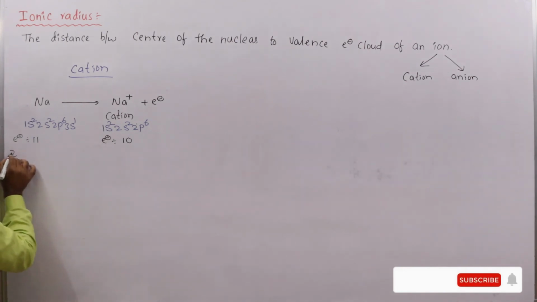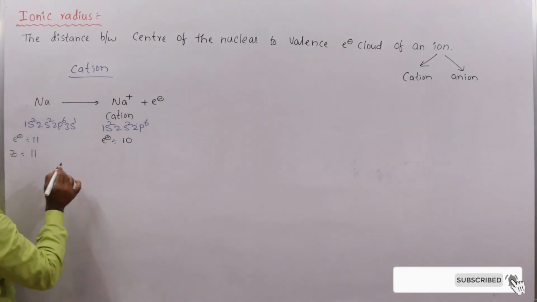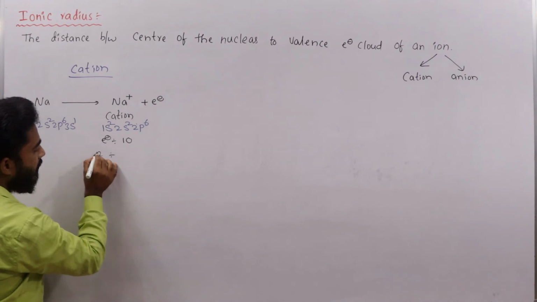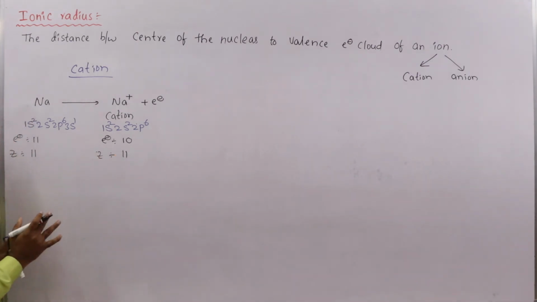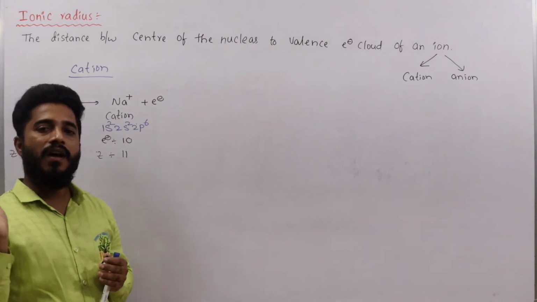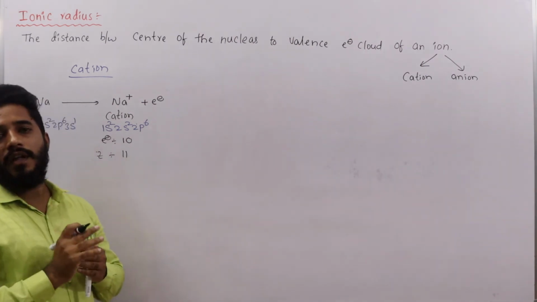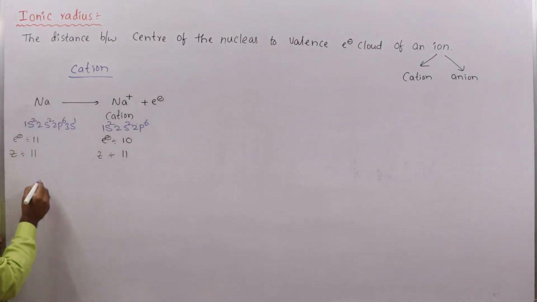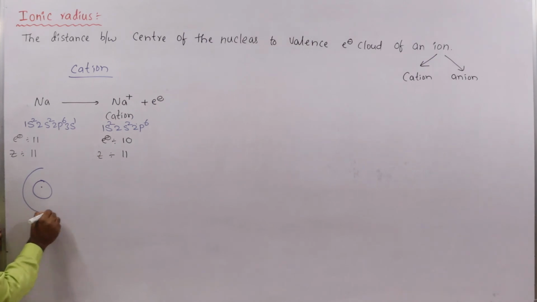Is there any change in the atomic number? No, here atomic number 11, here also atomic number 11. There is no change in the atomic number when an electron is lost from an atom, because atomic number equals the number of protons.